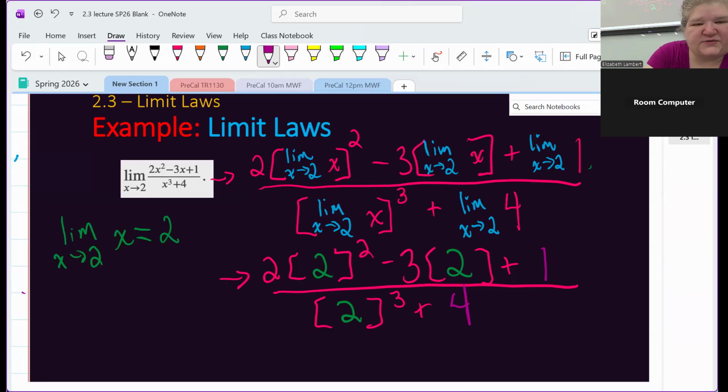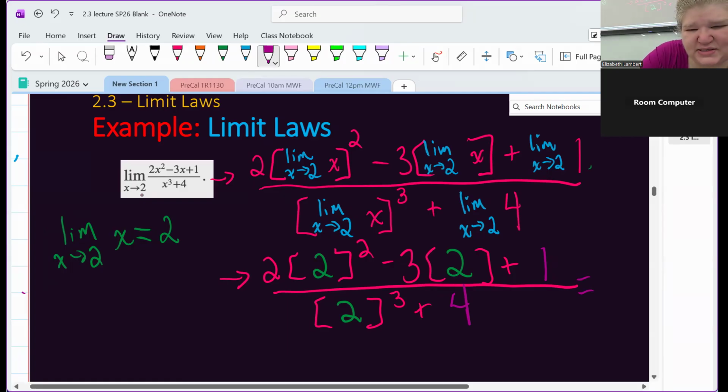I took my x value of 2 and just plugged it in for x everywhere. And that's the result we got. So when we're looking at a lot of limits, direct substitution is your first go-to way to do it.